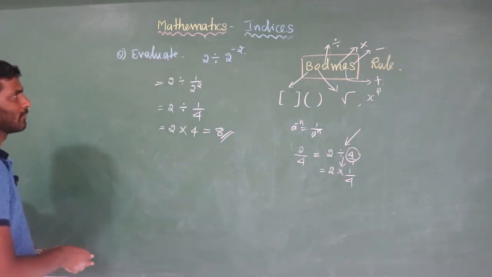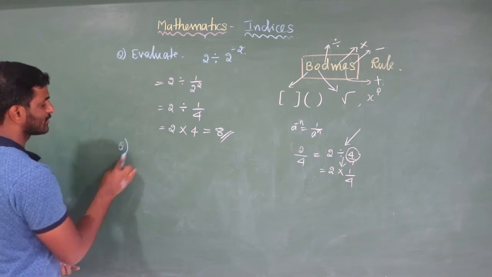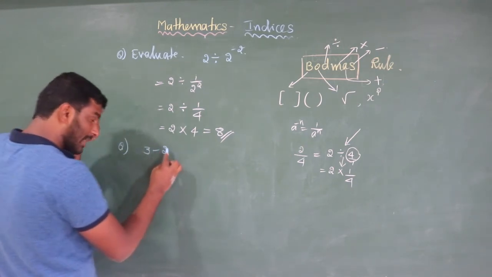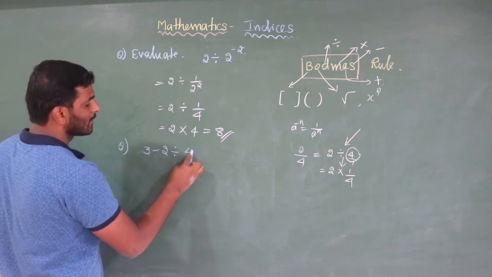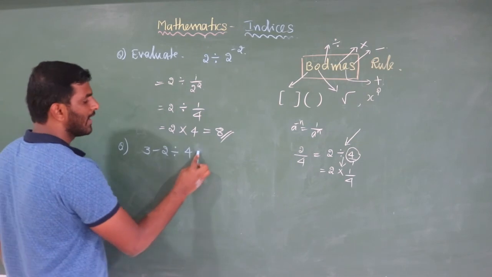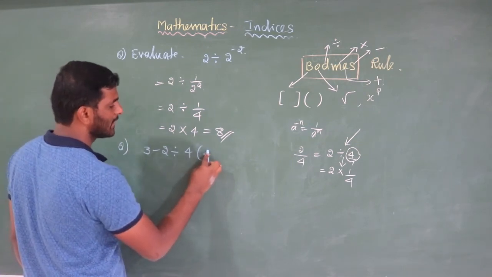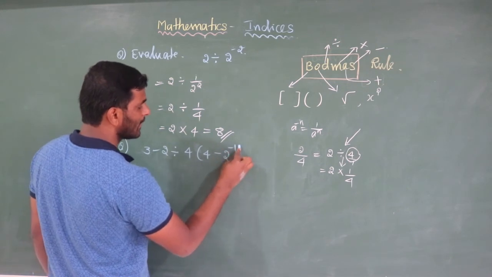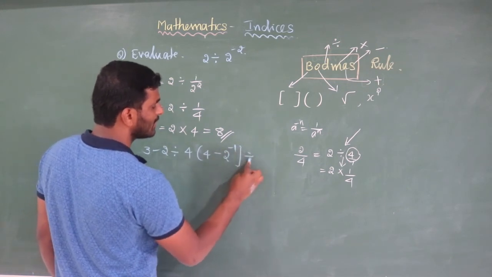Let us take one more example. So this question is 3 minus 2 divided by 4 to the power of 3, into 4 minus 2 to the power of minus 1, divided by 2.